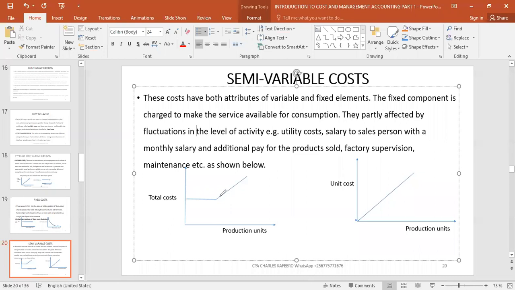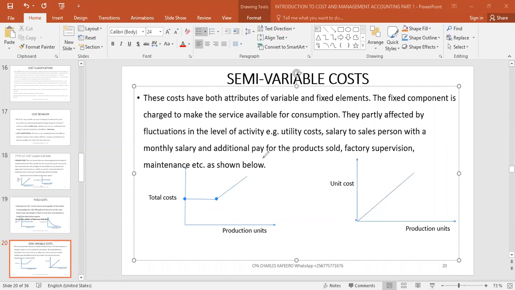As you can see from here to here, the person is paid a fixed component. You can call it, let's say, the monthly retainer for the sales agent.